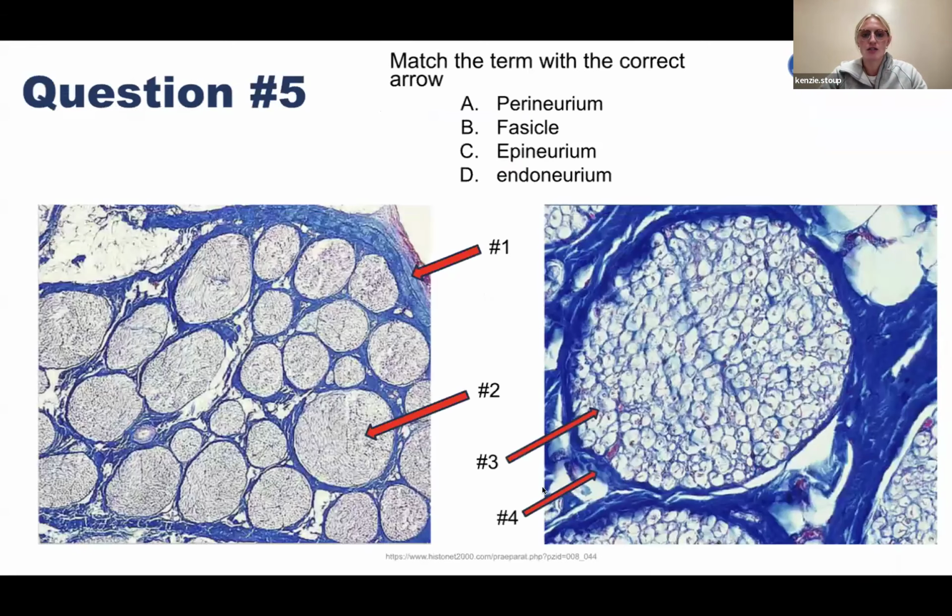All right, and this is our last question. So for this one, it's probably going to be easier to go ahead and just type your answers in order in the chat, and then we can talk about them.